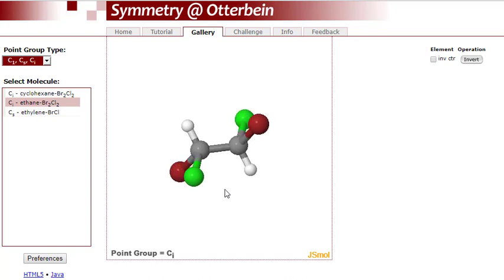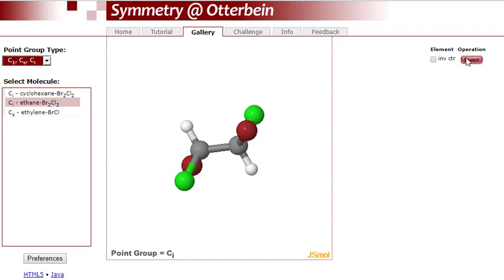But what we do have is an inversion center. Whatever is on the, let's say, plus x plus y plus z would be on the minus x minus y minus z. So if something is on the right top front, it would be on the rear back left. Same idea: this here is up and to the left, and this hydrogen is bottom and to the right.